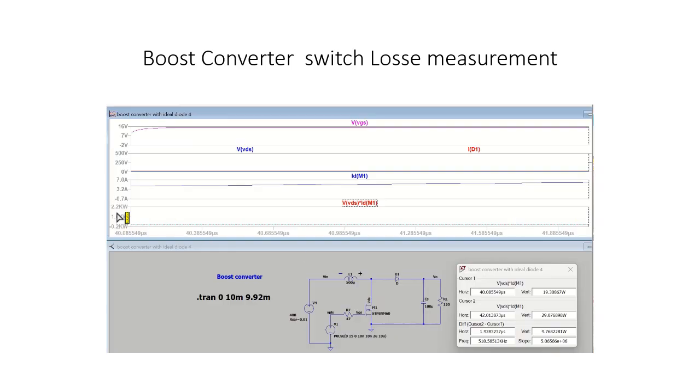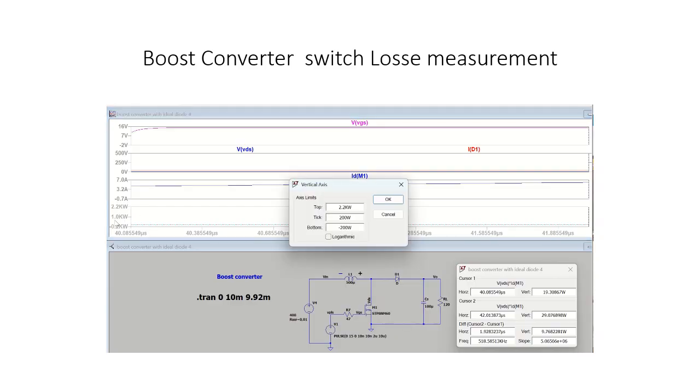But since this y-axis is too high, we are not able to see exactly the dissipation waveform. So I am changing this by right clicking at this point here. Power is always positive, so I can just start with some 0.2 watts, and let me put some 40 watts.